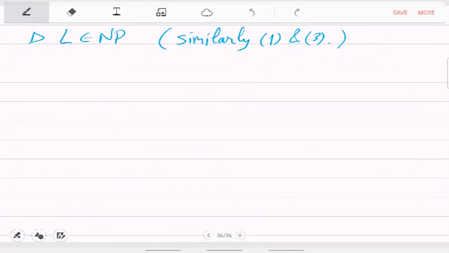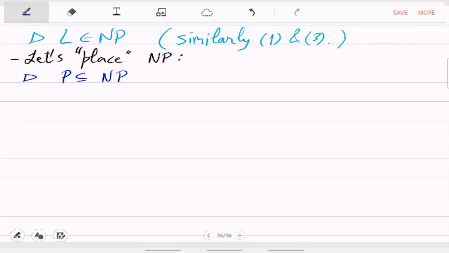Yeah, so now let's place NP. So where is NP? So the first claim is that P is contained in NP, and second will be that NP is contained in exp.